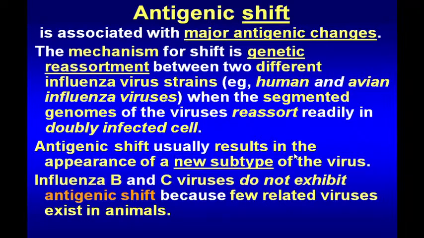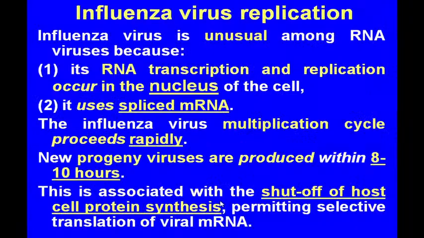So the antigenic shift usually results in the appearance of new subtypes very quickly, and only type A can do this. Influenza B and C viruses are not able to develop new subtypes of this type. So, virus replication.